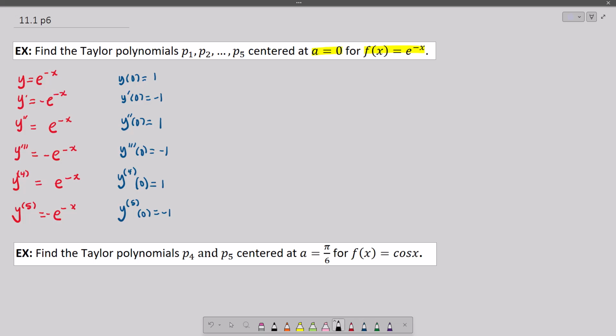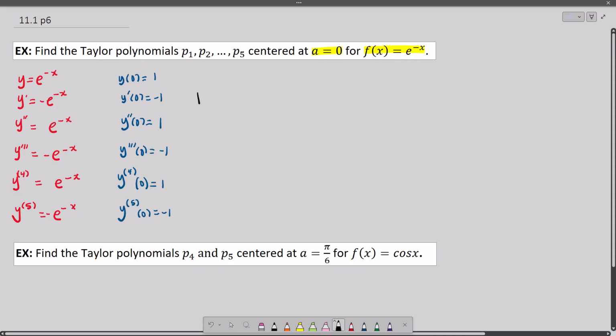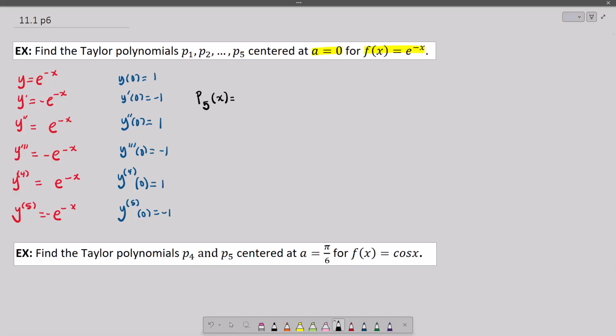So now if we form P sub 5, we start with this coefficient, 1. And then it's going to be minus 1 times x minus what? 0. You don't have to write it as x minus 0, you can just write it as x. It's totally your choice.